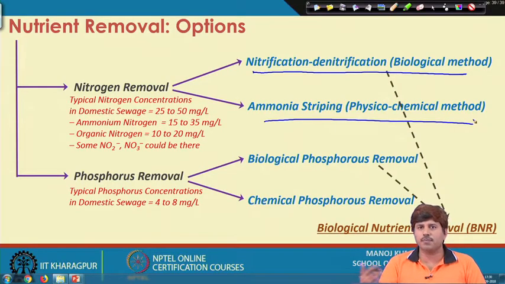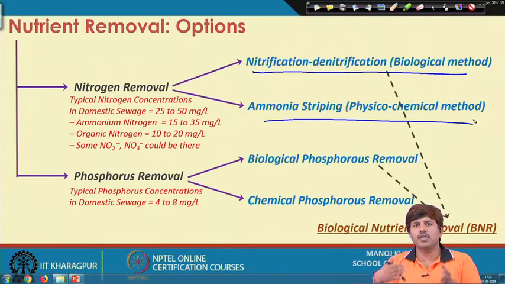Apart from that, there are a couple of other methods which are very rarely used, like breakpoint chlorination, where adding chlorine first converts ammonia to various chloramines, monochloramine, dichloramine, trichloramine, and then it can eventually break that chloramine as well to release the nitrogen. So, that is one way.